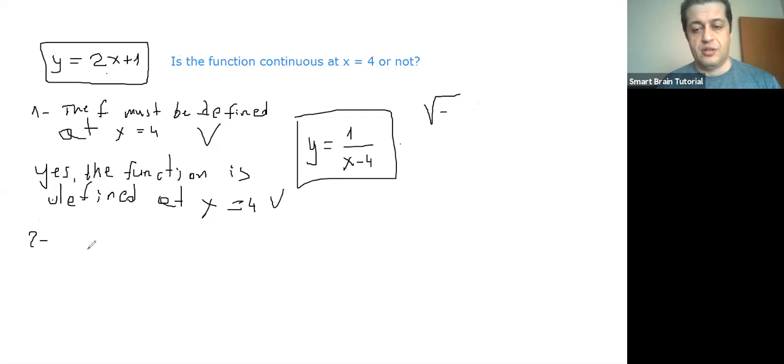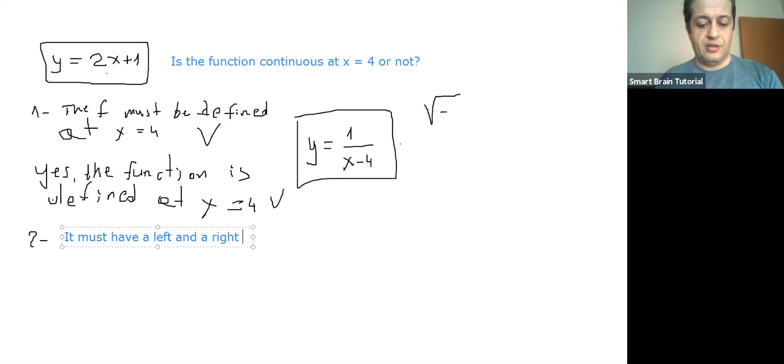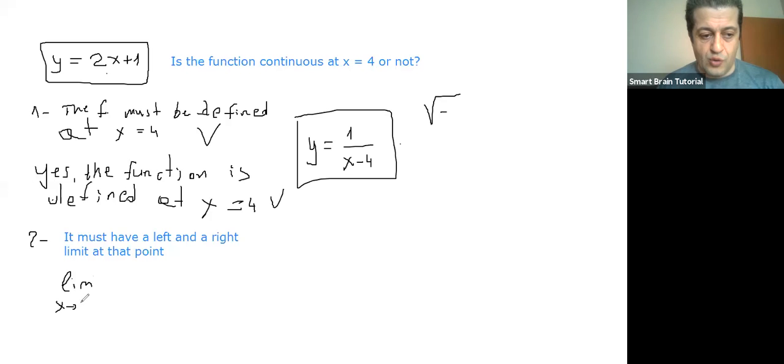The second condition for a function to be continuous was to have left and right limits at that point, to have a limit. Now, if we say the limit of the function when x approaches 4 with minus, that means with values that are smaller than 4, we get 2 times 4 plus 1.